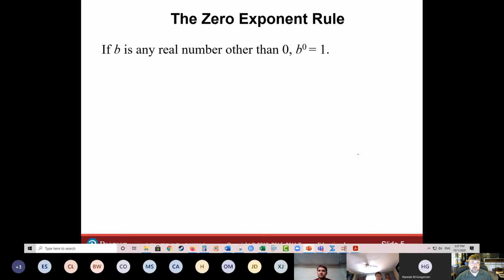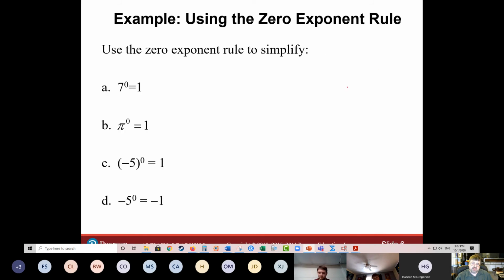We talked about the zero exponent rule earlier in the course when we were talking about expanded form in chapter 4. If b is any real number other than 0, b to the 0 equals 1. Remember, 0 to the 0 is undefined. So we have some examples of this.